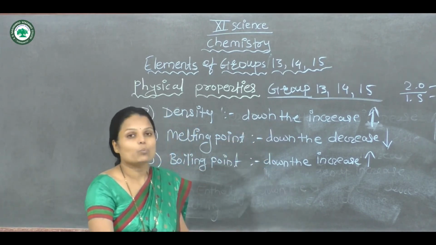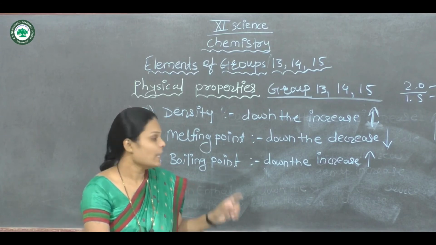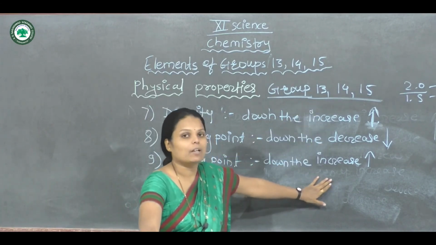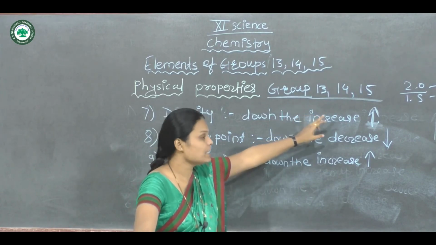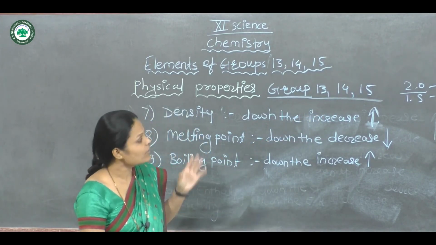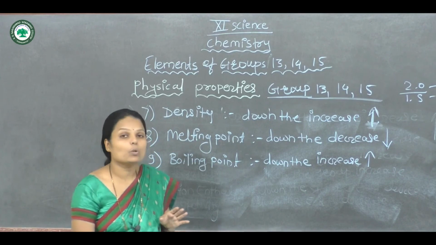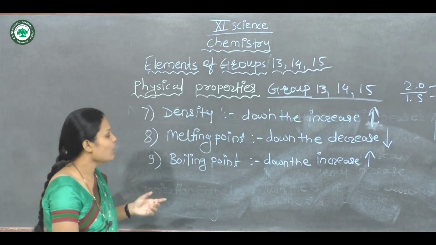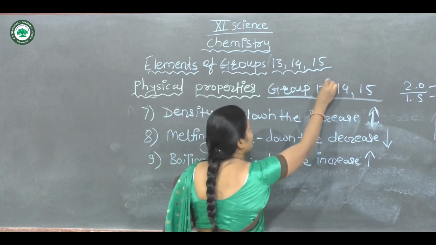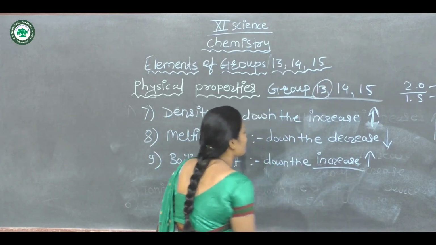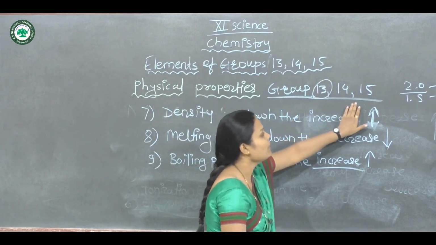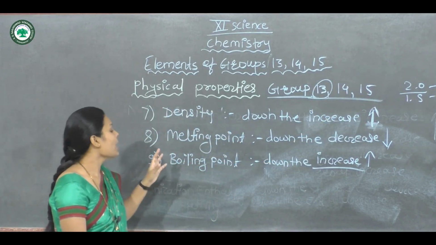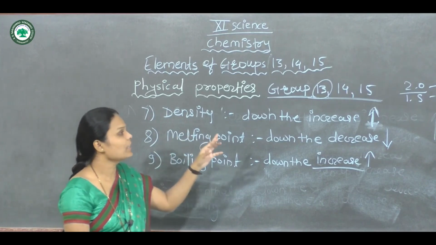In the carbon family, down the group the boiling point decreases. Same case for group 15, down the group the boiling point decreases. Only for group 13 does the boiling point increase, but for groups 14 and 15 it decreases. These are the 9 properties of groups 13, 14 and 15.